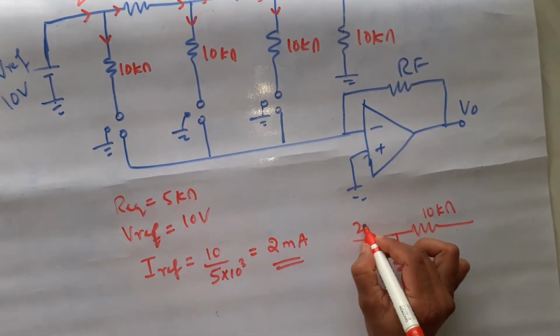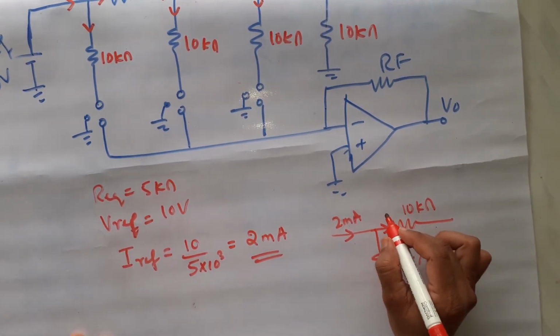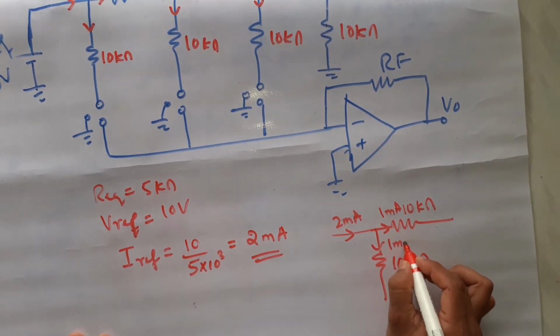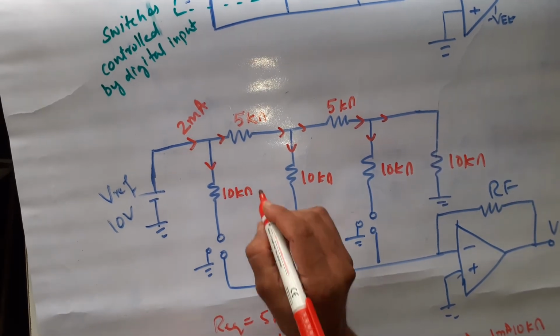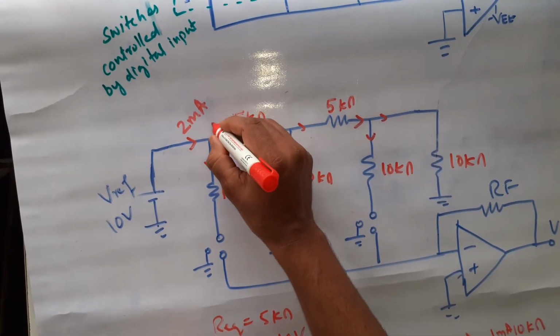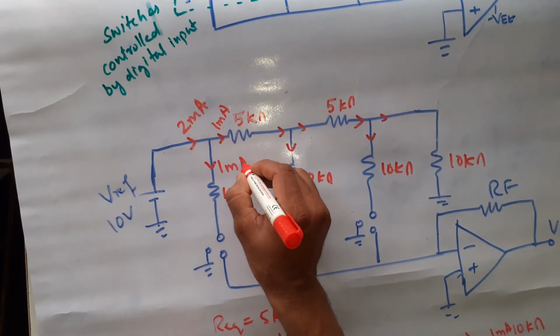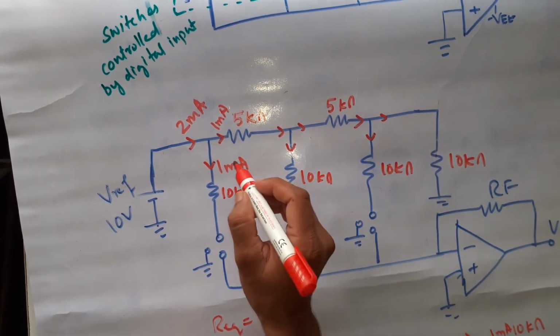Then if 2 milliamps is coming here, how does it split? It splits into exactly half. 1 milliamp here and 1 milliamp here. Isn't it? So I will write 1 milliamp, 1 milliamp here. It goes on splitting into half.